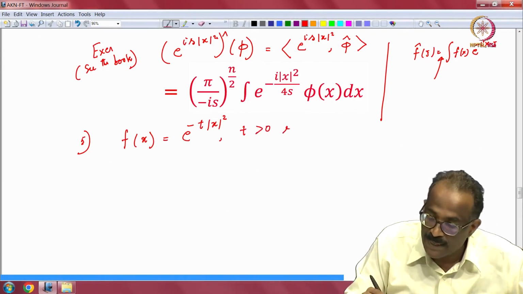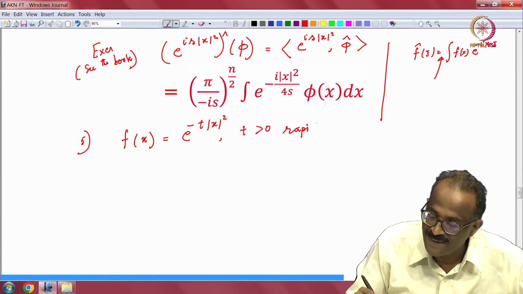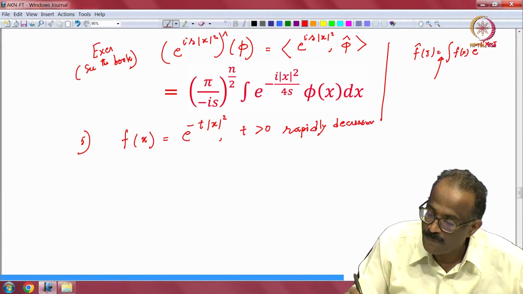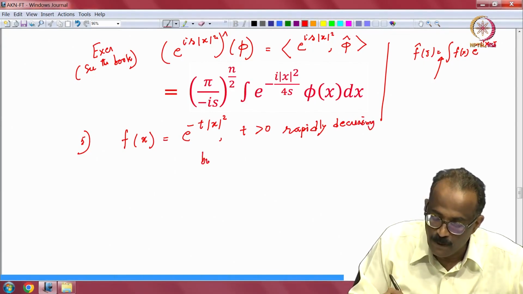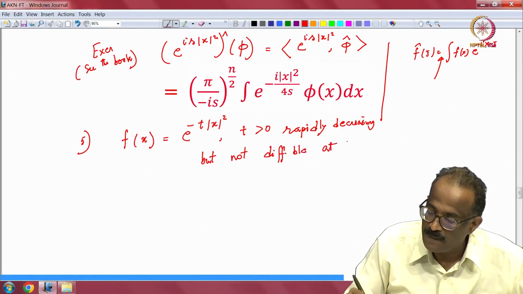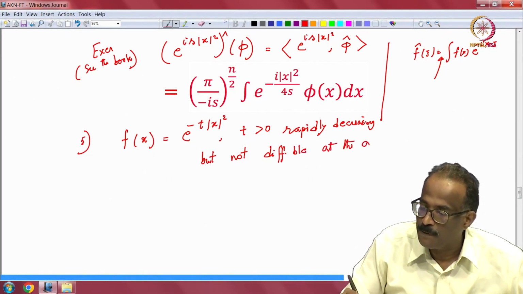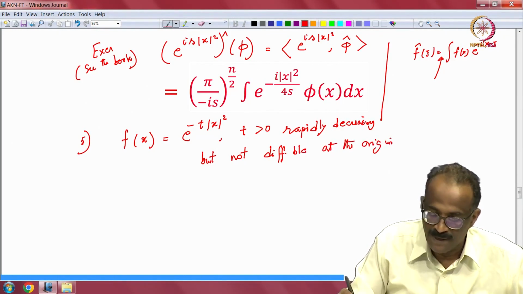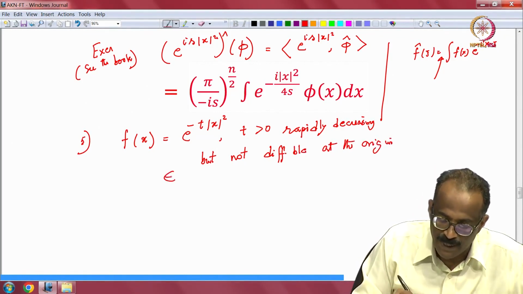This is rapidly decreasing, of course rapidly decreasing, but not differentiable at the origin. Hence, this is strictly speaking not in the Schwartz class.